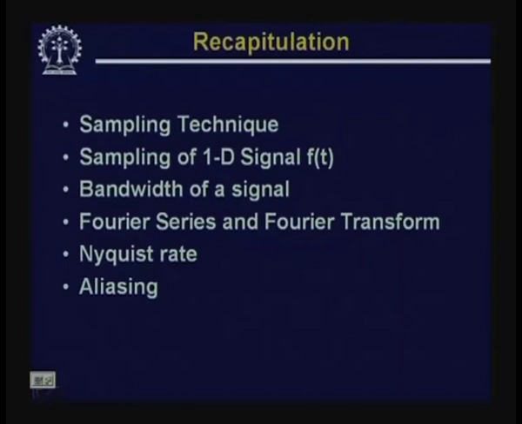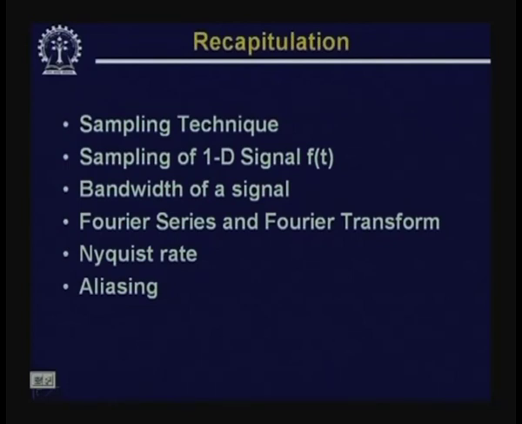To find out the bandwidth of a signal, we have made use of mathematical tools like Fourier series and Fourier transform. We have used Fourier series if the one dimensional signal f(t) is a periodic signal, and if f(t) is an aperiodic signal, then we have made use of the Fourier transform to find out the bandwidth or the frequency spectrum of that signal.